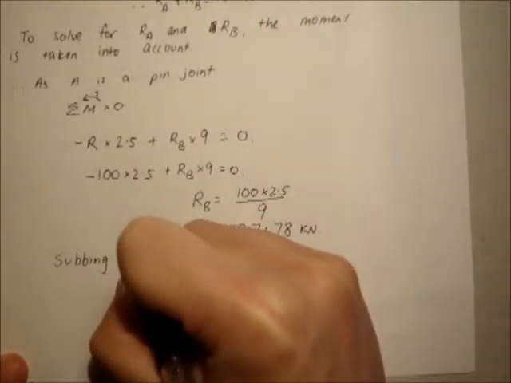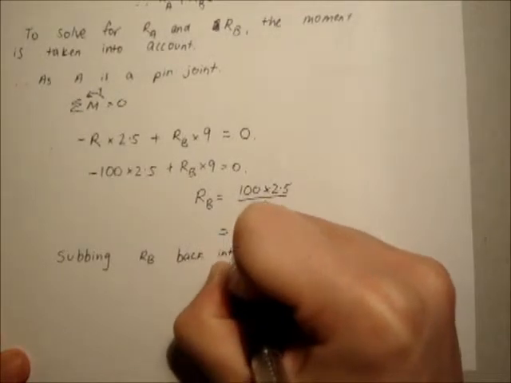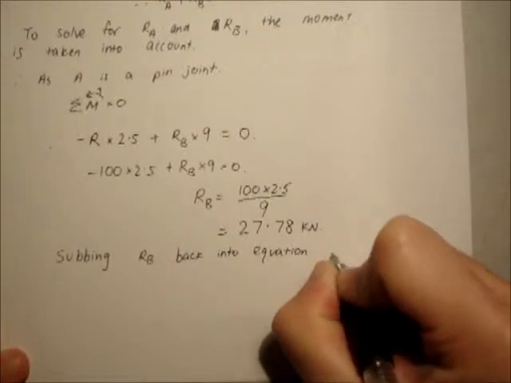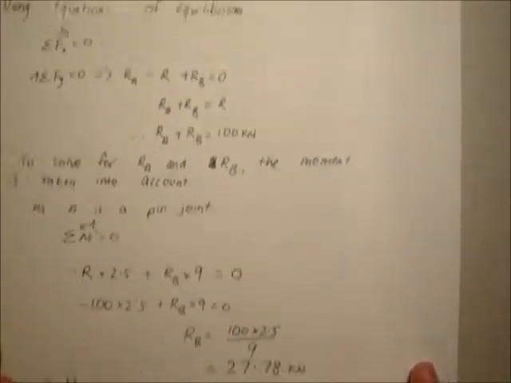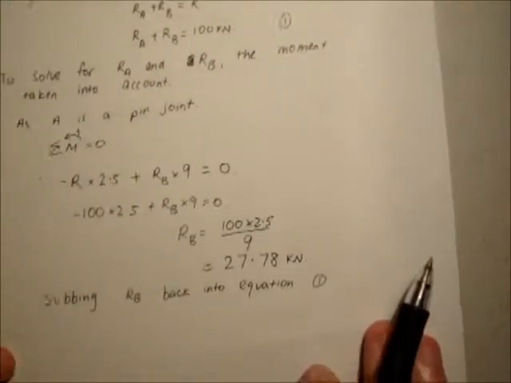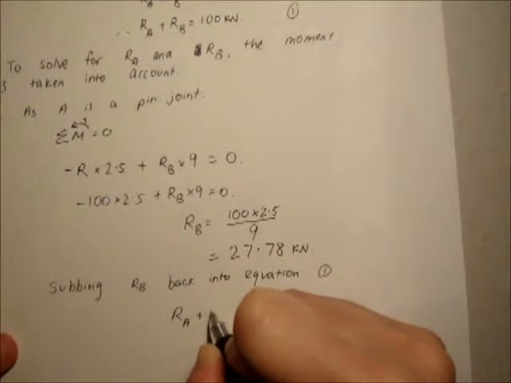Subbing RB back into the original equation of equilibrium, we can work out what RA equals to.